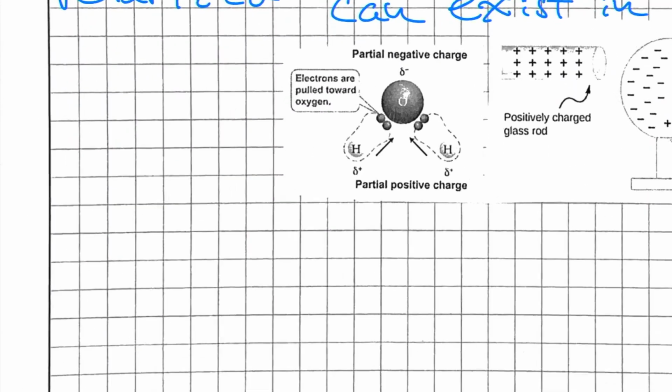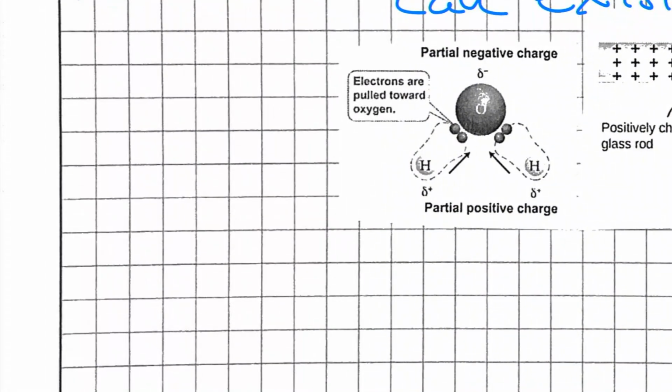Over on the left side of our page, we have an example of water. This is H2O. And because in H2O, the electrons are shared, they spend more time on this side of the atom. And remember, the oxygen atom here has electrons all over it. But because these electrons are spending more time over here, it leaves protons exposed here.